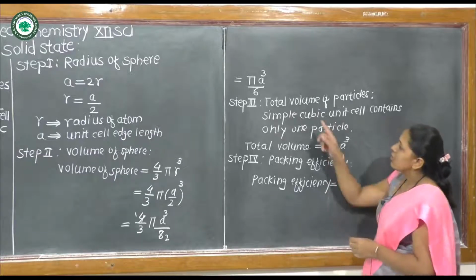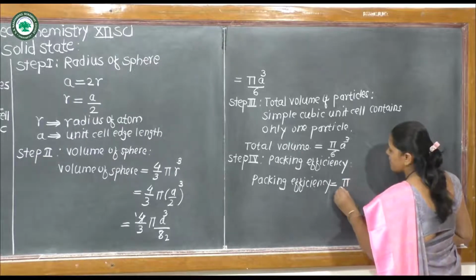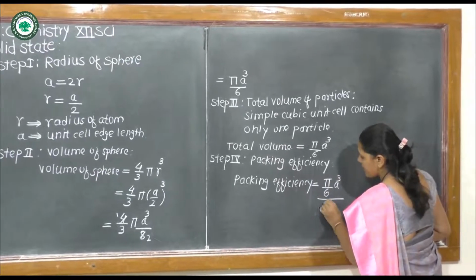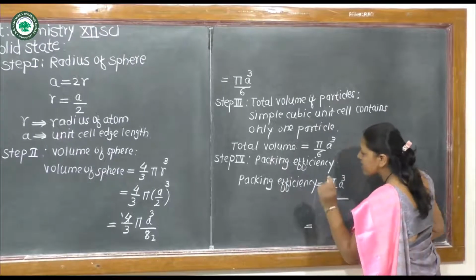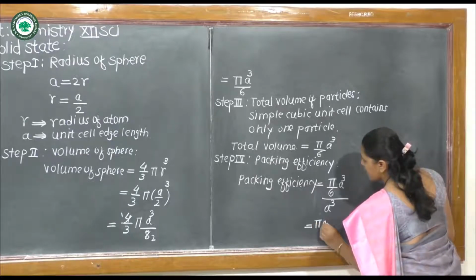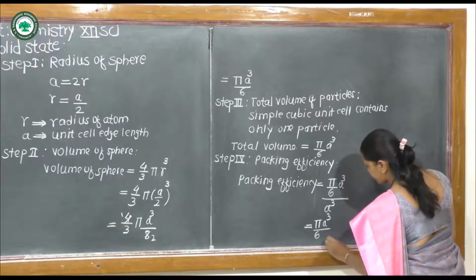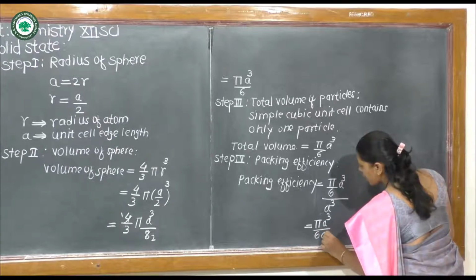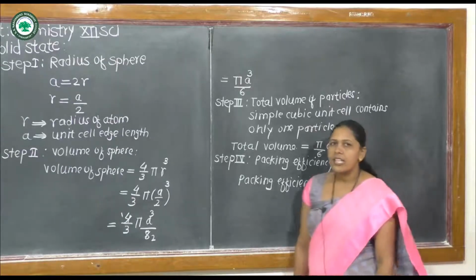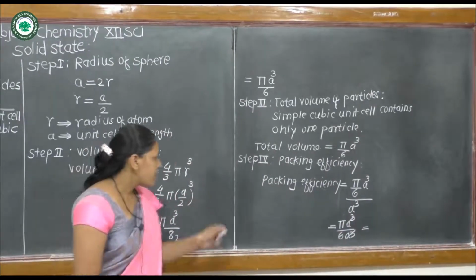Therefore, packing efficiency is equal to pi by 6 a cube divided by a cube, that is, pi a cube divided by 6 into a cube. The a cube cancels, then the remaining is pi by 6. What is the value of pi?